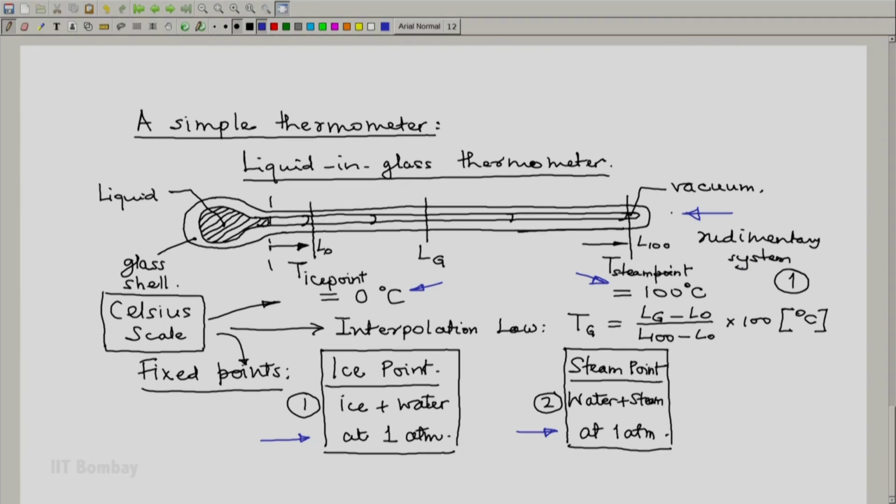And finally, for readings which are intermediate, we need an interpolation law, which would finally give us a method to assign the label of the isotherm on which the system, which is in equilibrium with the thermometer at its state Lg, lies. And this is the interpolation law which gives me my body temperature at say 36 degrees C or 37 degrees C. We will discuss more about thermometry and associated thermodynamic concepts soon after this. Thank you.